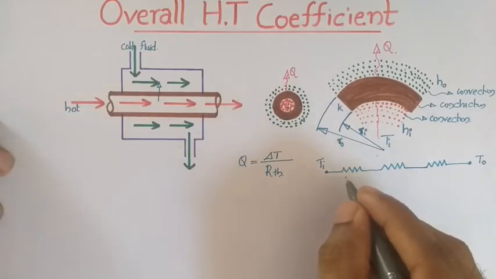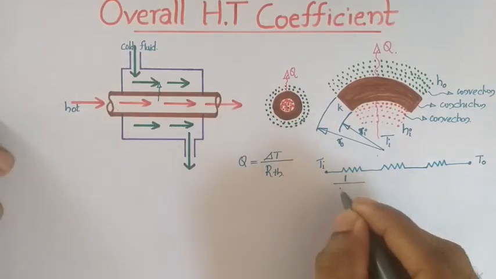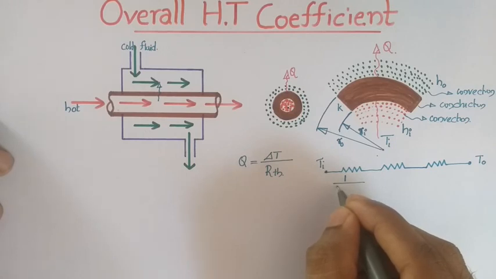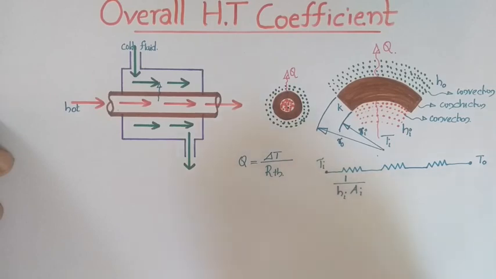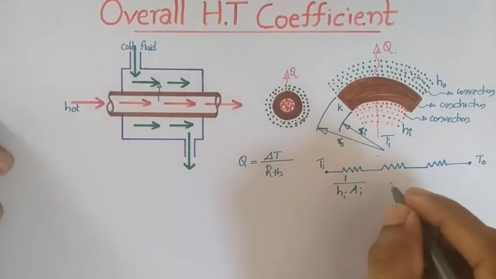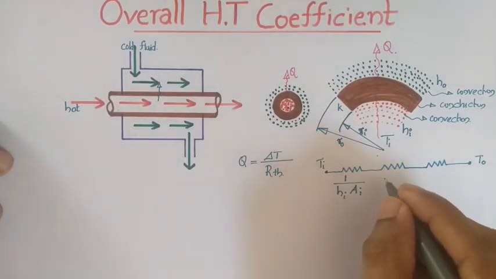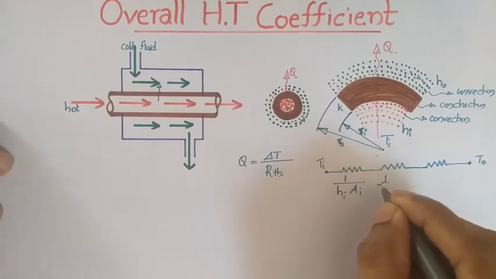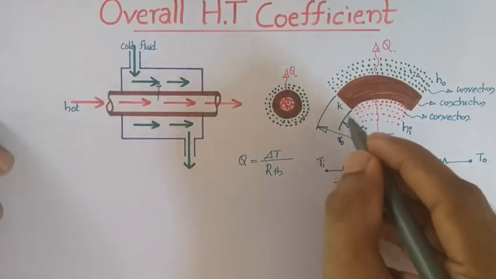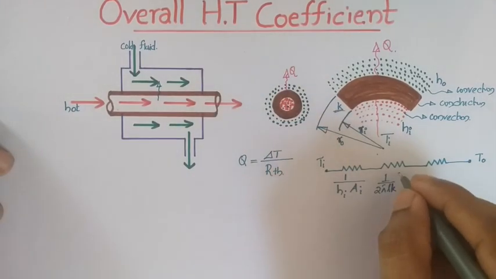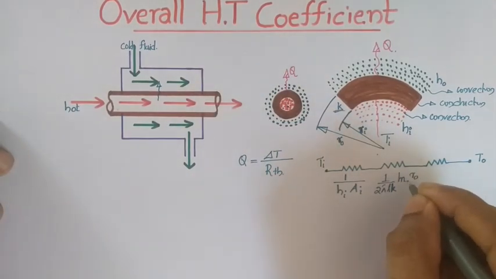The first resistance, the inner convection resistance, is 1 by Hi Ai, where Ai is the inner surface area. The next resistance is conduction. For a cylinder it is 1 by 2 pi L K, where K is the thermal conductivity, into log Ro divided by Ri.